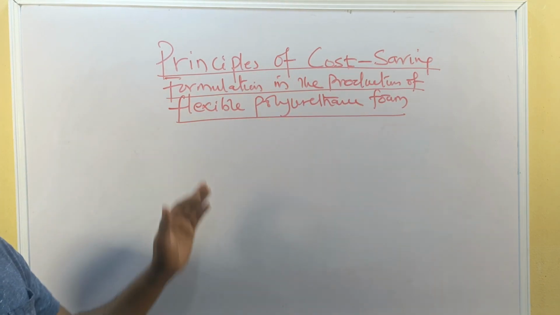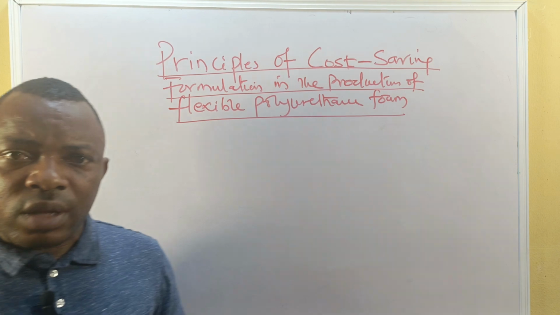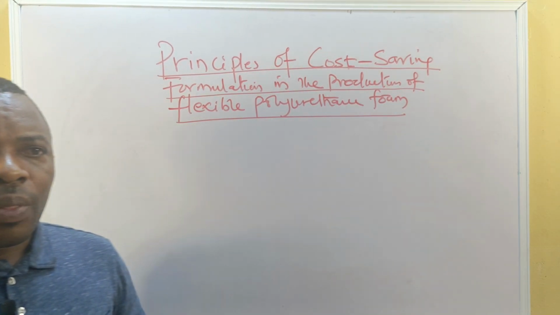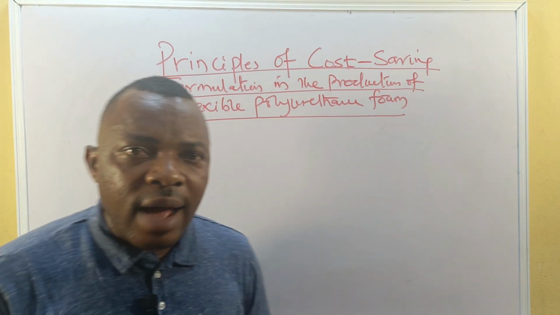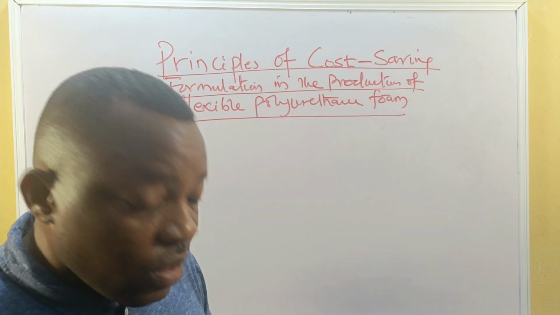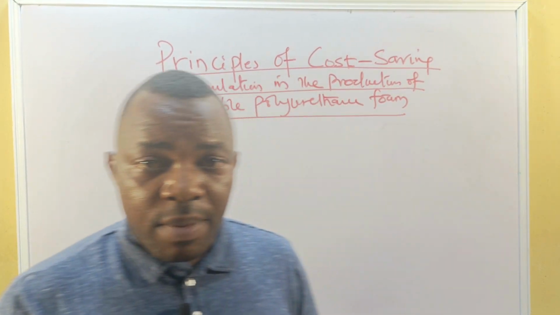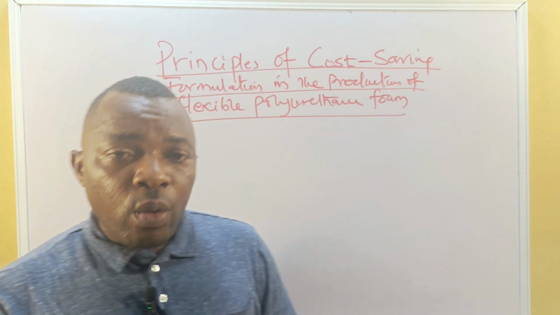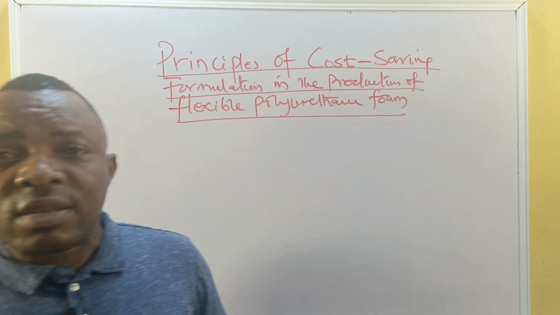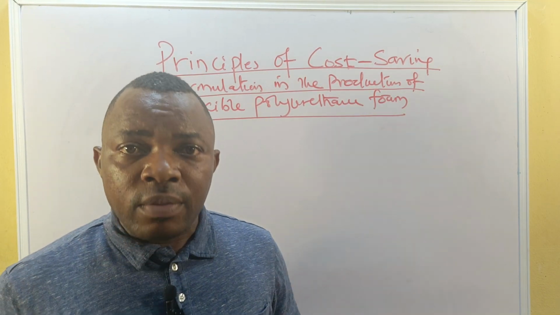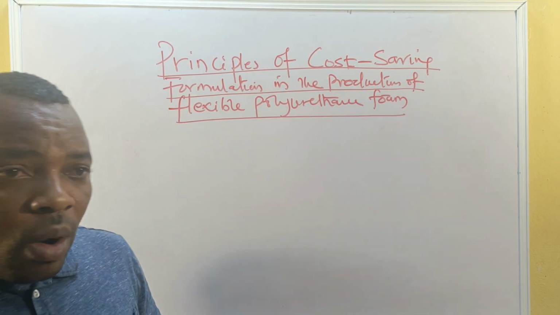So in the context of production of flexible polyurethane foam, I did say that we have polyol as a major raw material, toluene diisocyanate as a main chemical or major raw material. We have activator, tin catalyst, amine, silicone or additive. We have blowing agent, MC, water.